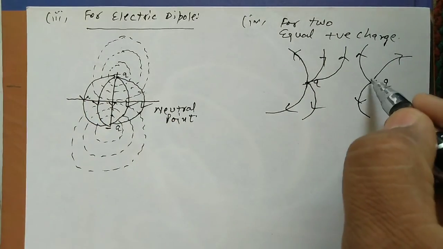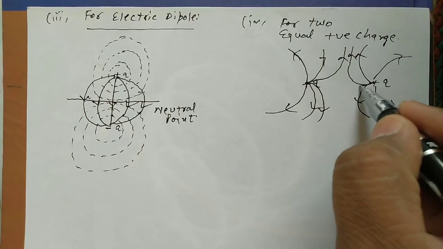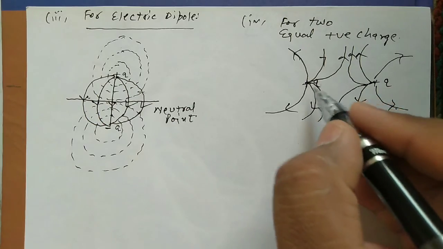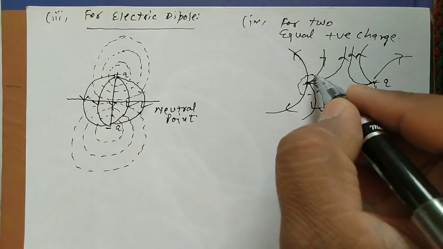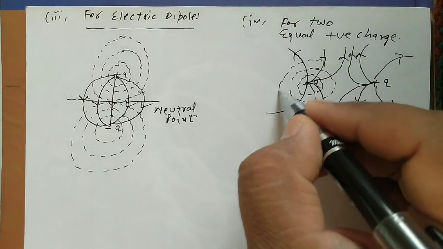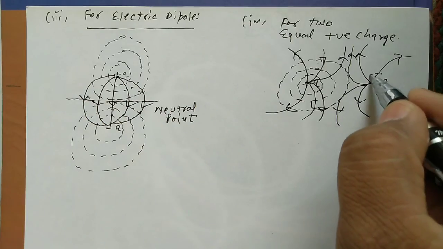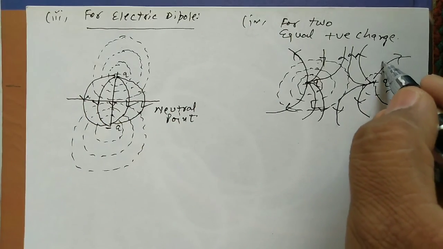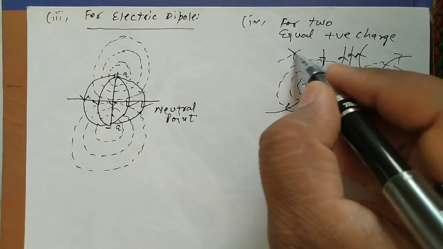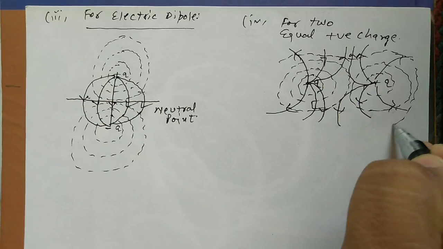This is the first equipotential surface, second equipotential surface, third equipotential surface. For a positive charge, this is the equipotential surface. Now, in the last, like this.